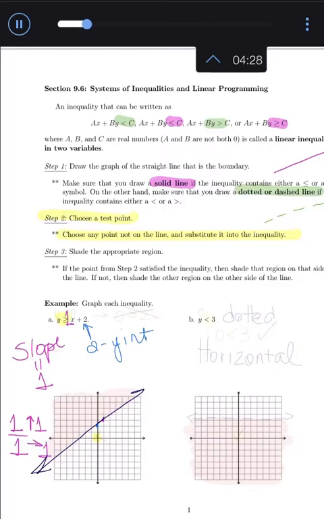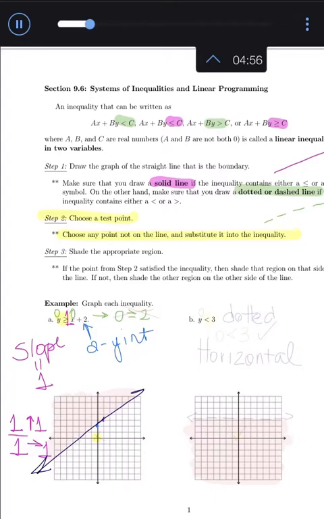We actually plug in the point. So we're going to plug in 0, 0, which means we're plugging in 0 for x and 0 for y. Well, then what that means is on the left-hand side of the inequality, we get 0 is greater than or equal to. Well, on the right side, we have 0 plus 2, which is 2.